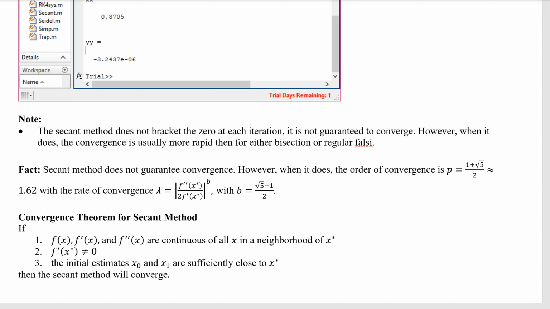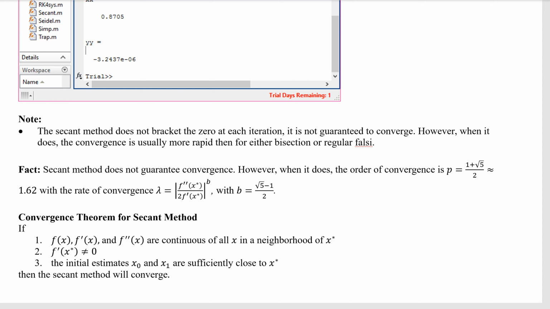In our class, we're not going to prove it, okay? Just keep in mind that the order of convergence is around 1.62, which is bigger than the order of convergence of the regula falsi method. So if they both converge, then the secant method converges faster.